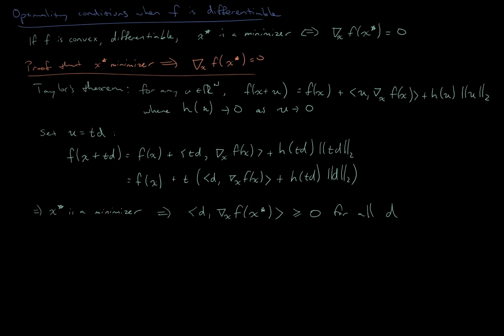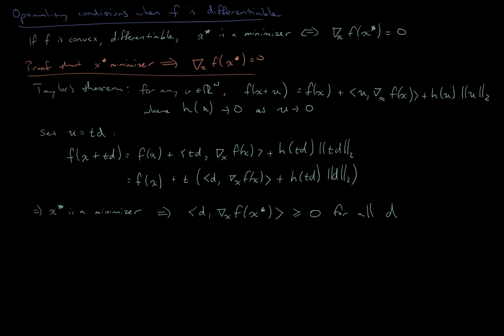And well, then we have to say, okay, what does this imply about the gradient? Well, the gradient is some vector, and we're asking that if x star is a minimizer, the inner product between that vector and any other vector, in either some local region around x star, or if we're talking about a global minimum, any other vector in R^n, has to be greater than or equal to 0.